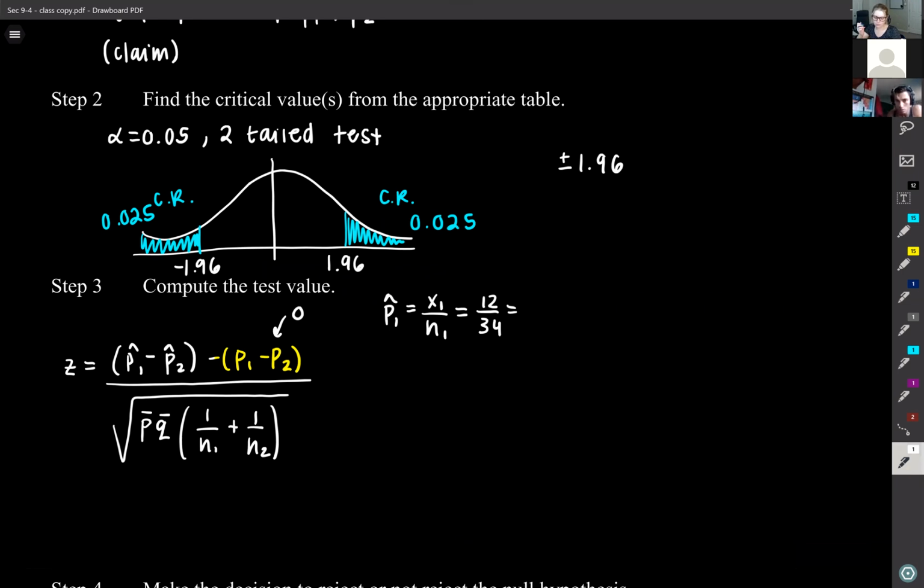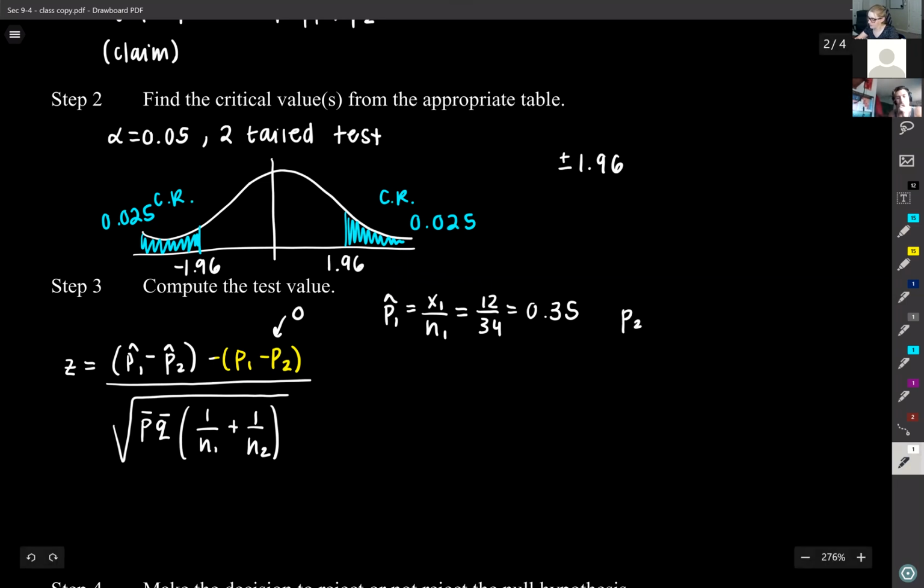I'm just going to round, but I think when I did it before, I actually rounded wrong. Oh, no, I didn't. Hold on. Nope, we're all good. Okay, this should be 0.35. You could leave it as fractions when you go ahead and compute it, but I'm just going to write it as a decimal.